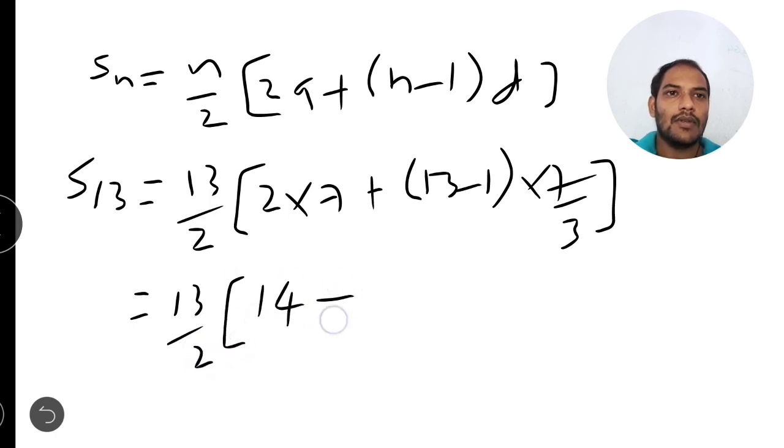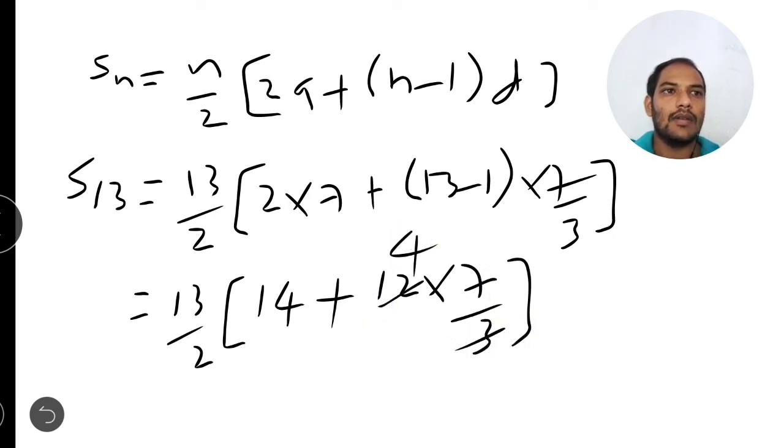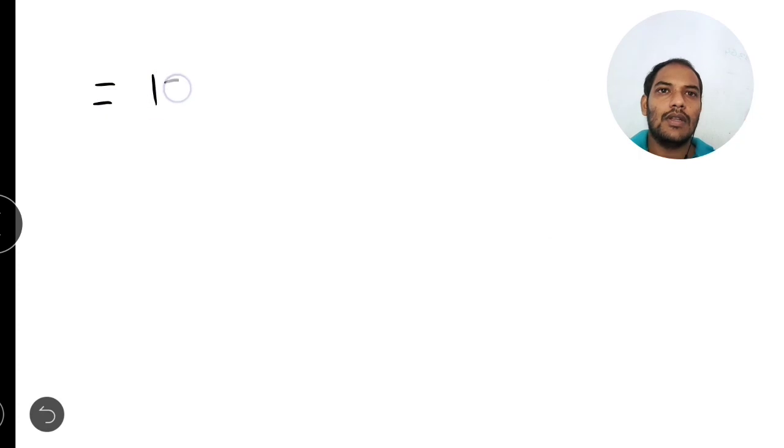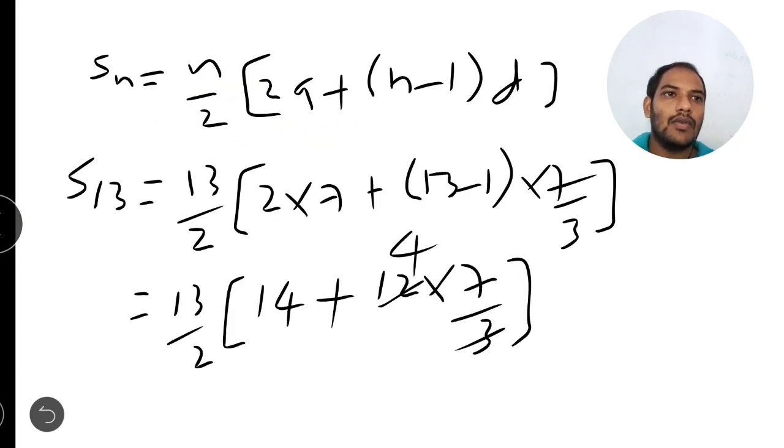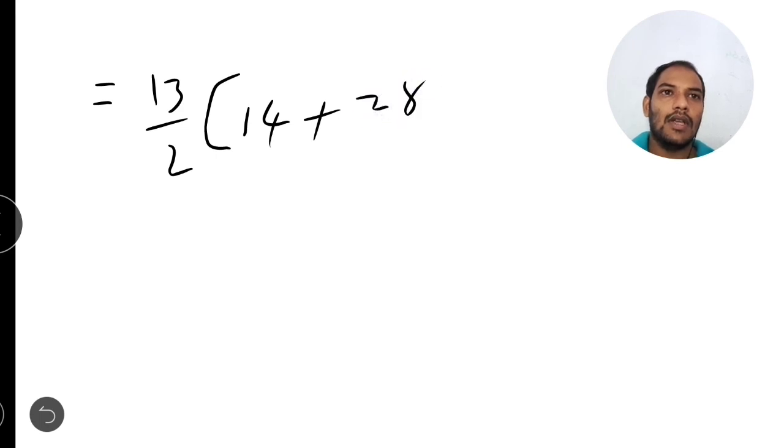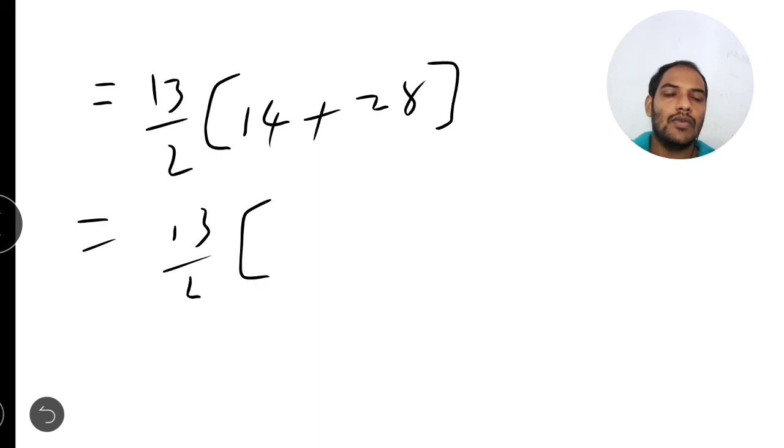Here 2 sevens are 14, 13 minus 1 is 12 into 7 by 3. 3 fours are 12, so 4 sevens are 28. So it equals 13 by 2 into 14 plus 28.